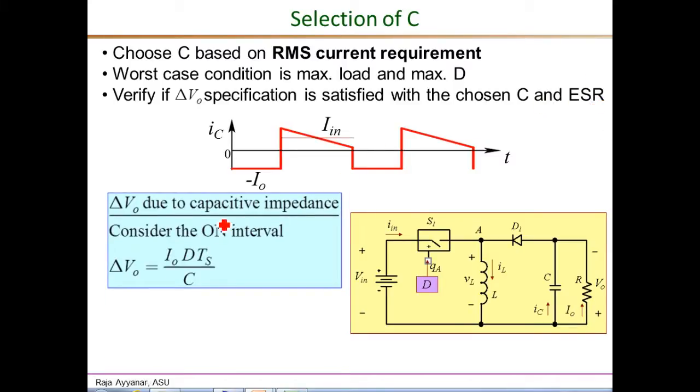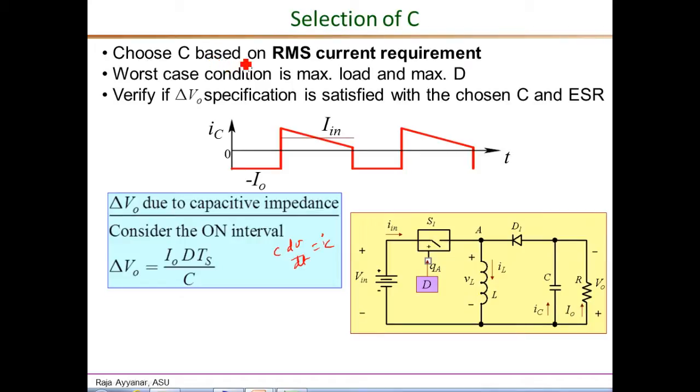Now considering just the ideal capacitive impedance, for example the on interval, where C dV over dt equals IC, that gives us the delta VO to be IC, which is IO in this interval, times dt, which is the duty ratio times TS, divided by C. So that is the delta VO expression.